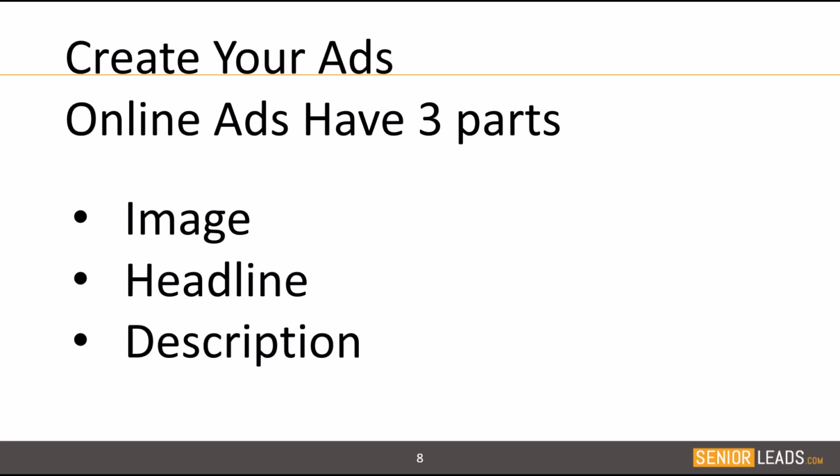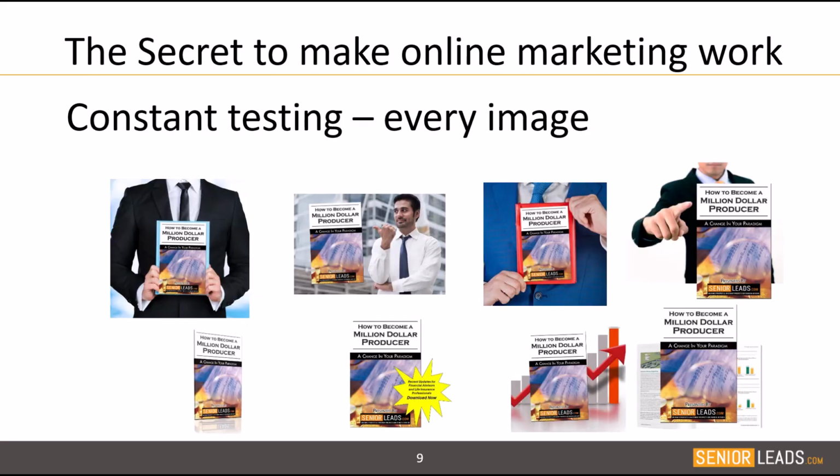Your ads have an image, some picture, a headline, something that captures their attention, and a description which gives them a little more detail and further increases their desire to get the thing that you're offering and opt in and become your prospect. Now, this is an example of some images. These are not images we use in the ads we run for financial advisors and life insurance agents.